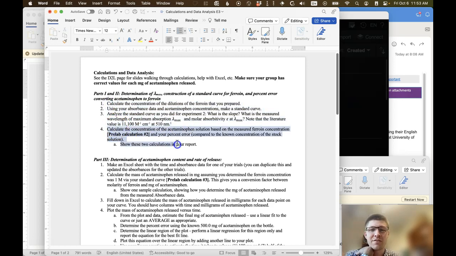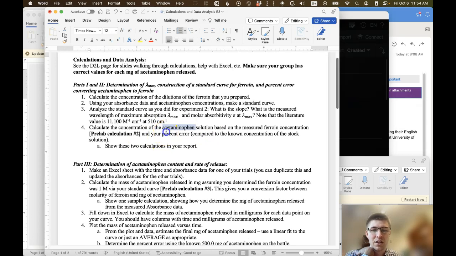Again, then we have that test conversion of acetaminophen to ferroin. That was part 1 in your lab notebook, right? That was the case where we took that stock solution of acetaminophen and converted it, right? And again, if everything we're doing is right with all of our math, all of our standard curve, all of the steps that we took, we should get the known concentration of that acetaminophen stock solution out in calculation number 4 here.